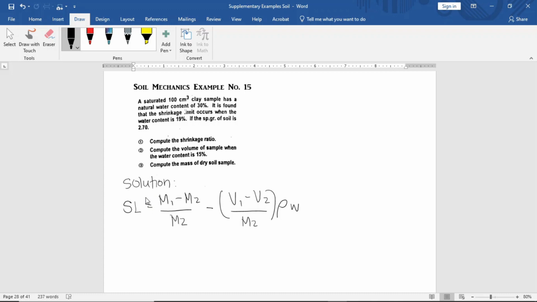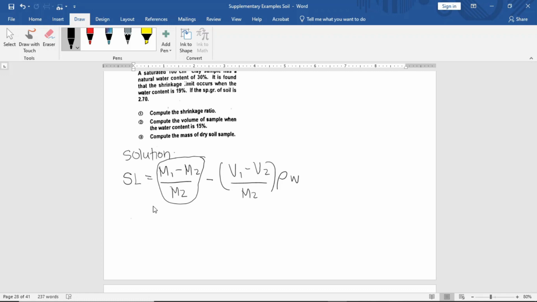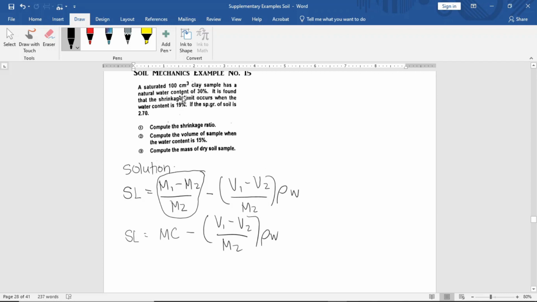Napansin niyo ba ito? Ito yung moisture content. So, moisture content minus (V1 minus V2) all over M2 times the density of water. It is found that the shrinkage limit occurs when the water content is 19%.